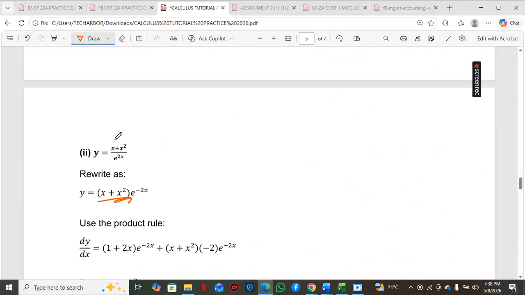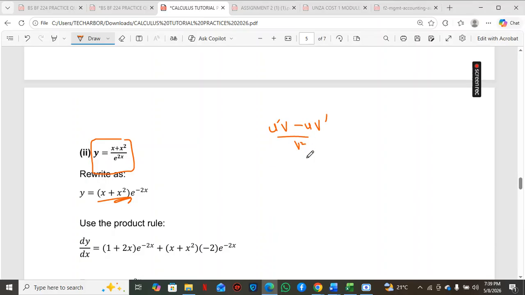So here we're going to use the quotient rule. Quotient rule says u prime v minus u v prime over v squared. You just pick, your u is always the numerator, so u is going to be x plus x squared.